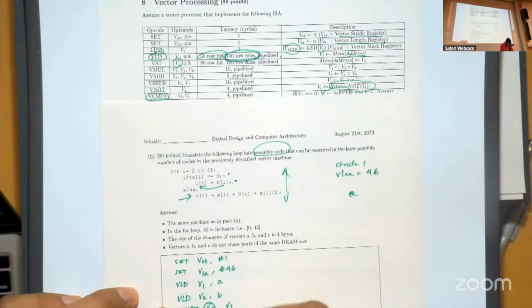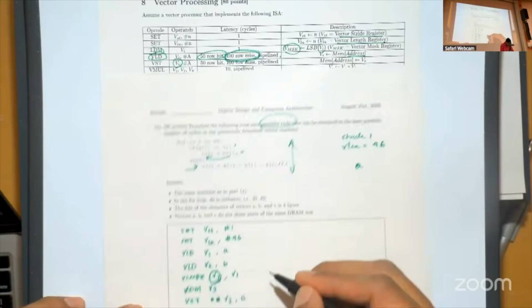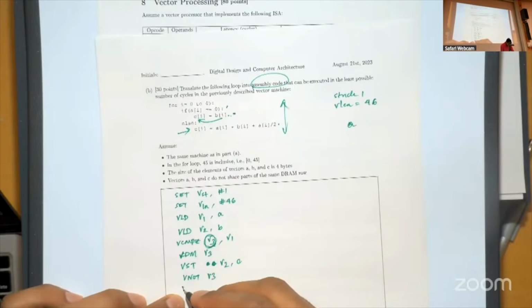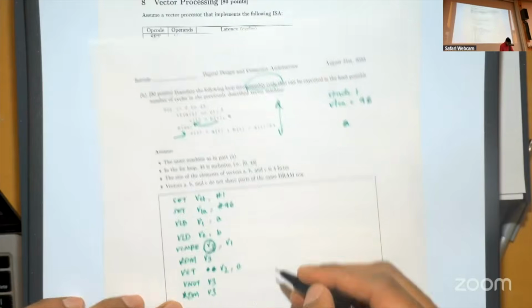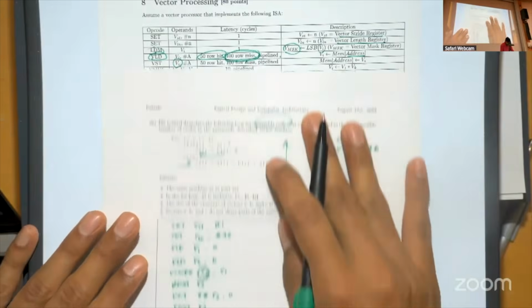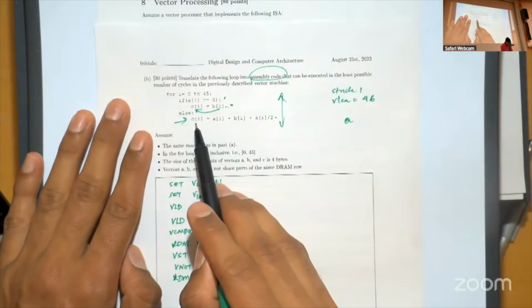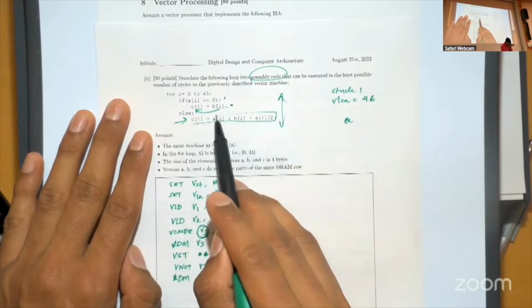That compare register is V3. Then we can again set LDM, set the mask register with V3. And at that point, we can go ahead and compute this.